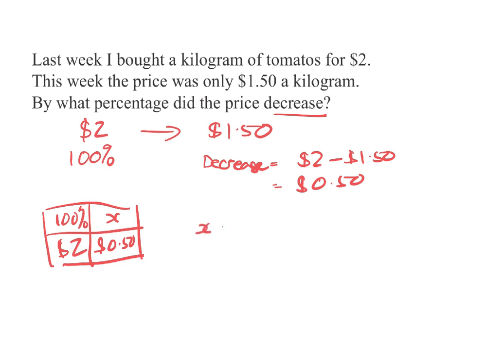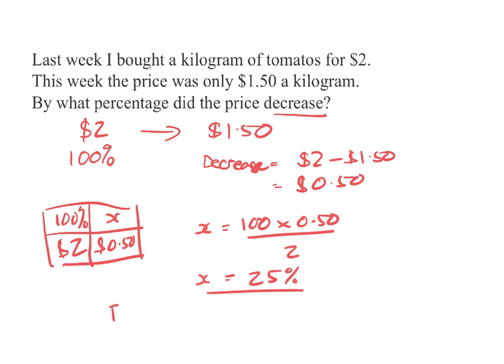So x will be equal to 100 multiplied by 0.50 divided by 2. And if you work that through on your calculator, you should get the answer of 25%. So our percentage decrease on our price is 25%.